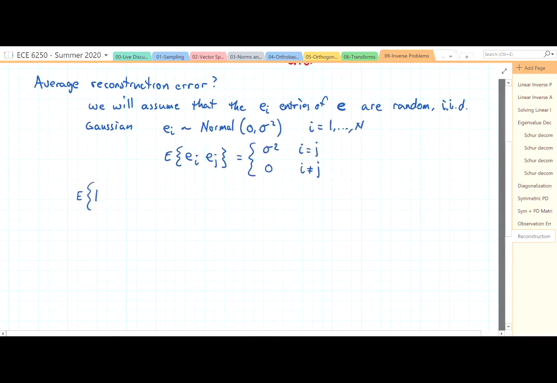So we want to find the expected value of the norm of E squared.